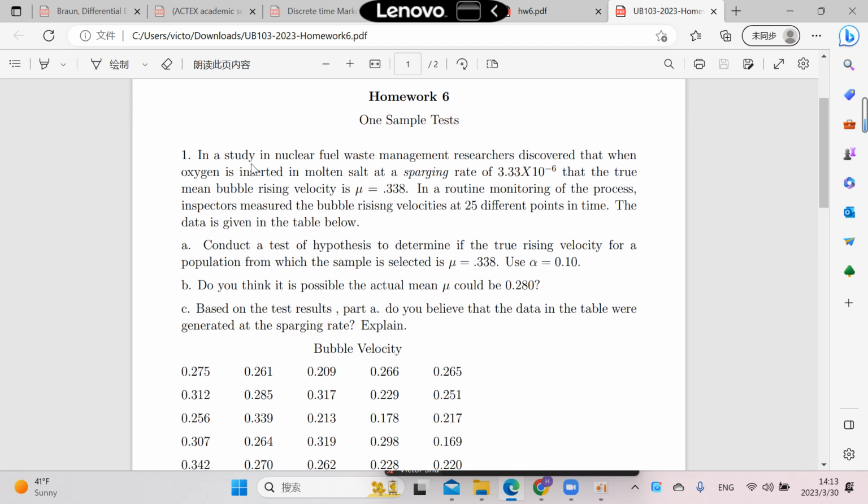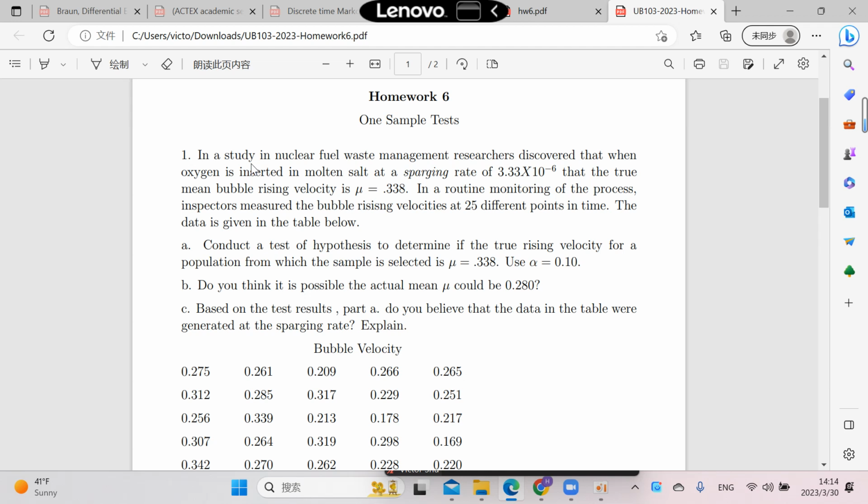After that, you need to compare your t statistic with your t critical value, which can be found in your t table. You have your alpha, you have your degrees of freedom. In this case, it's 25 minus 1, so you have 24 degrees of freedom, and alpha equals 0.1.